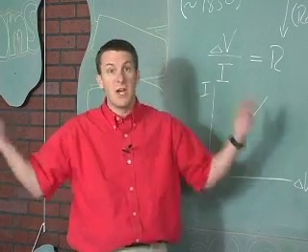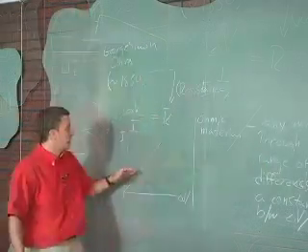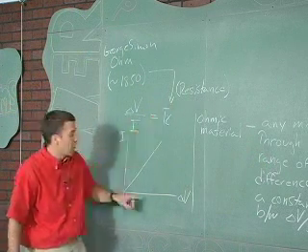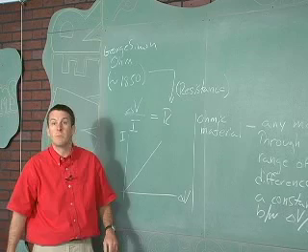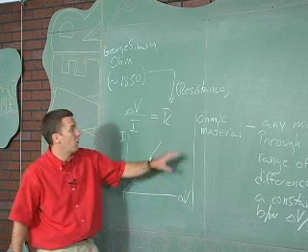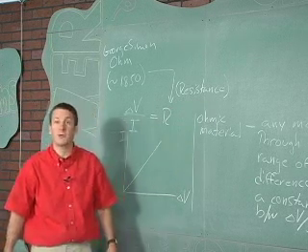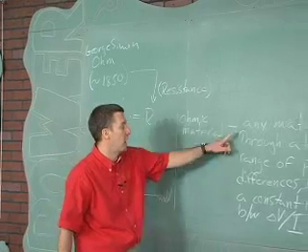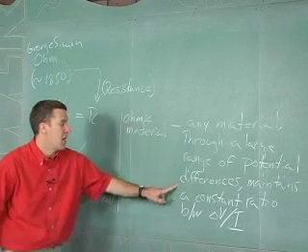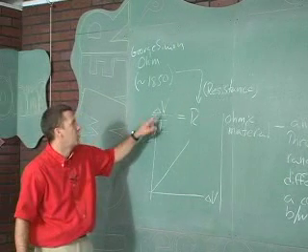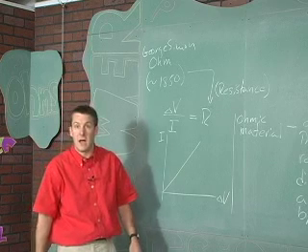And on others, they don't seem to conduct as well. So the resistance varies with the change in potential difference. And so we are only going to stick with ohmic materials, which through a large range of potential differences maintain a constant ratio between delta V and I.